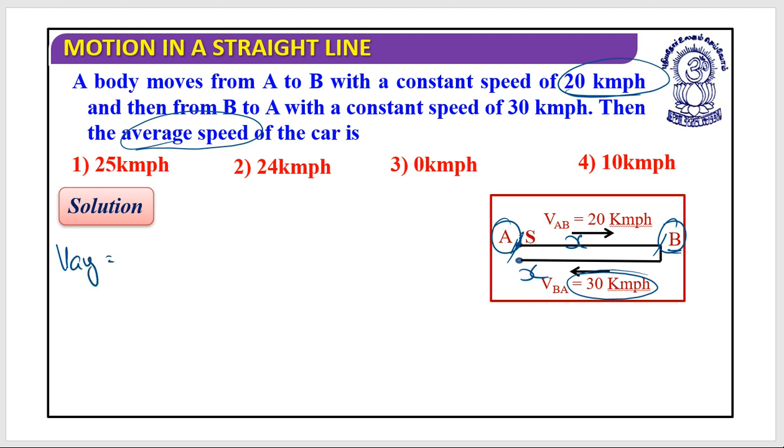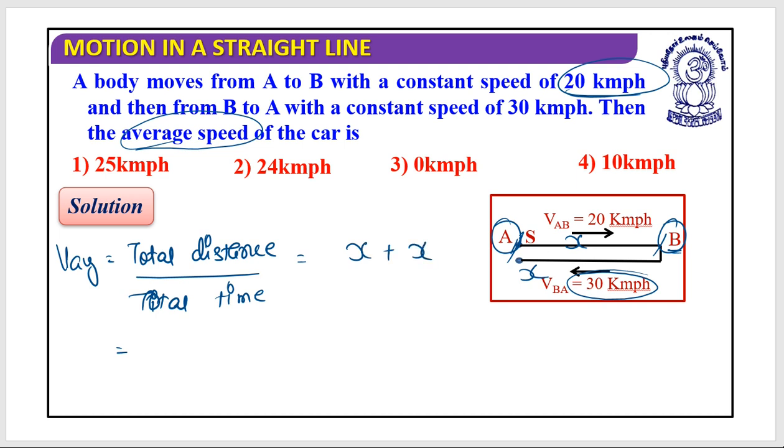So there are two options. One is the basic formula, which is total distance divided by total time. Then you go with the total distance, x plus x, and the time t1 plus t2.